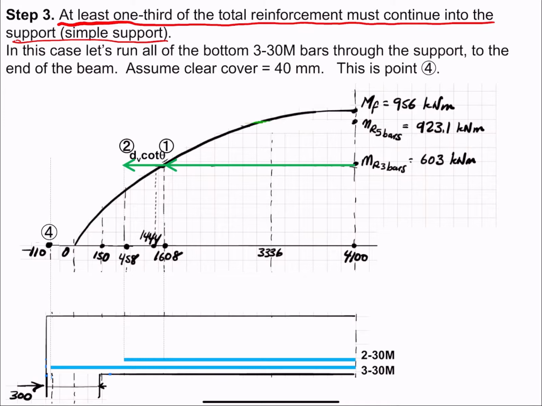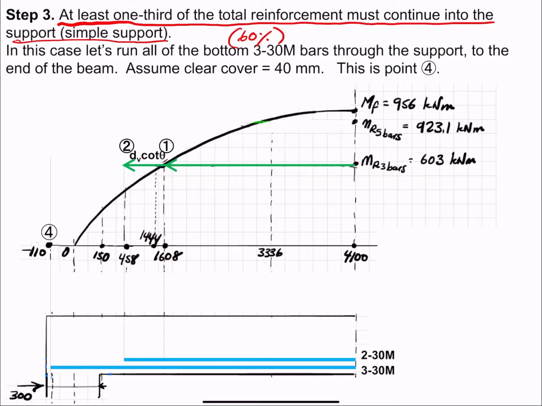So 3 30s out of the 5 30s, like 3 over 5, I'm running 60%. The code says pass at least 33%. I'm running 60% of the total positive reinforcement through the support to the end of the beam.